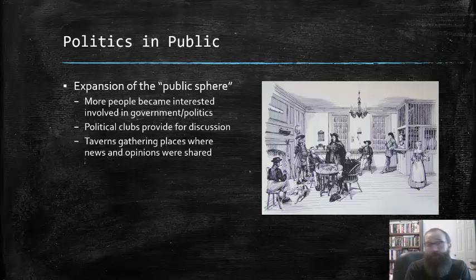Political clubs were formed that provided avenues and platforms for discussion and debate of events and political manipulations and dealings. And taverns quickly became prominent public gathering places where news and opinions were shared amongst the populace of the colonies.